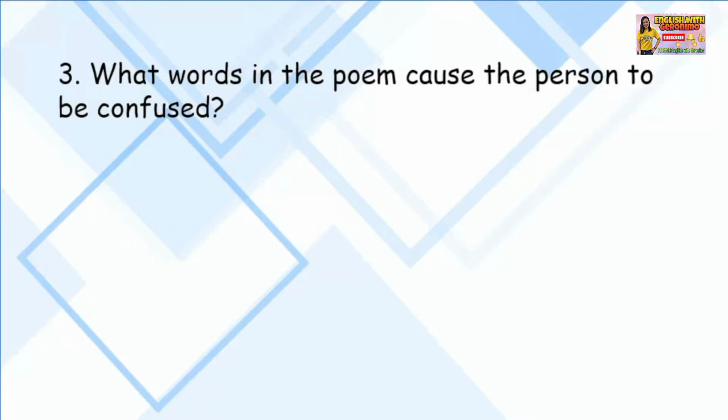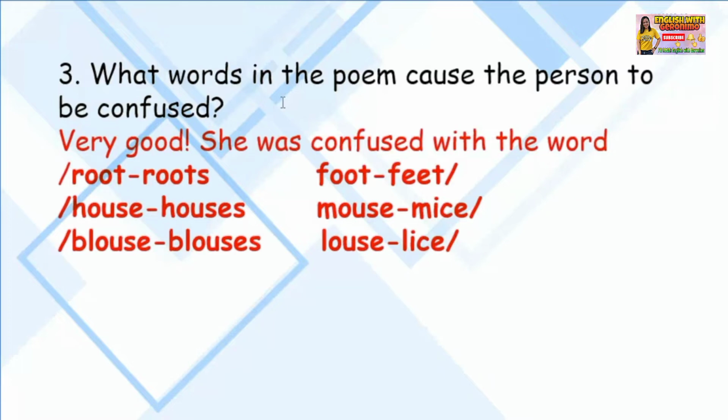What words in the poem cause the person to be confused? Very good. She was confused with the word root and roots, while foot becomes feet. House to houses, while mouse to mice.